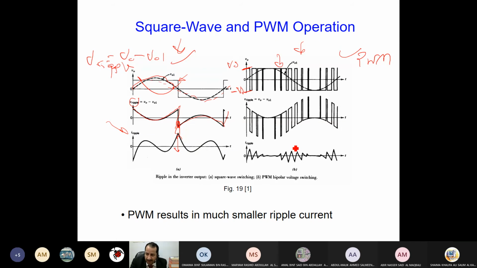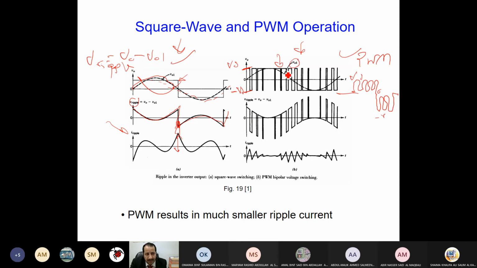So this is bipolar. If it were unipolar, it would fluctuate between 0 and VD, and 0 and minus VD, in this way, and then in this way. We explained it just a few slides back.